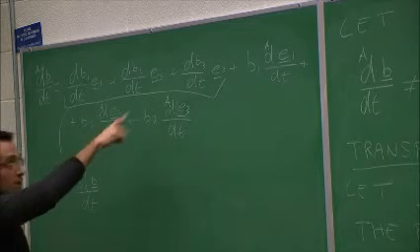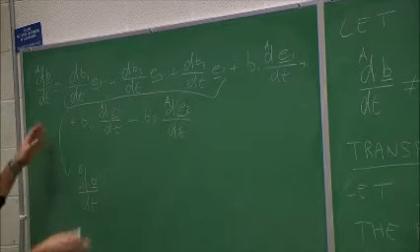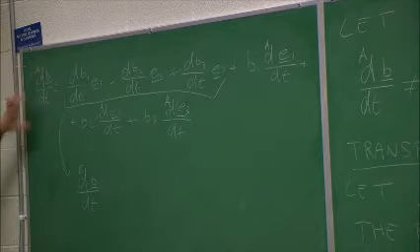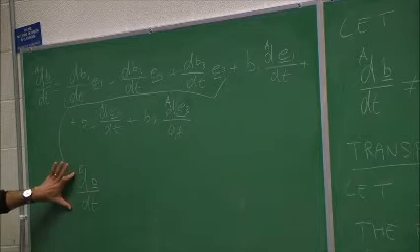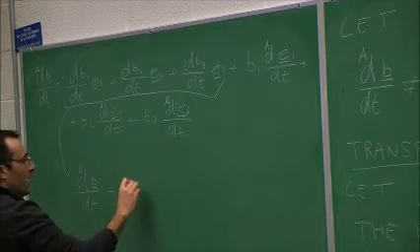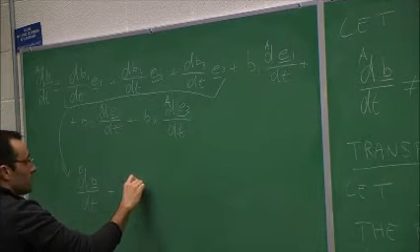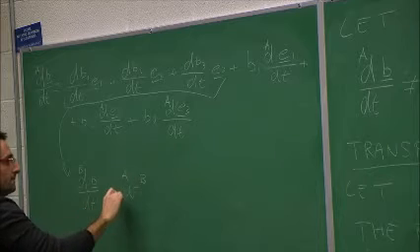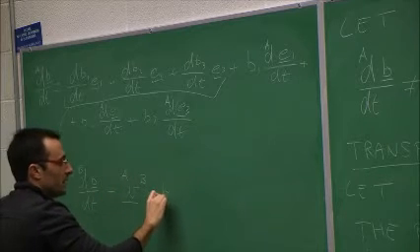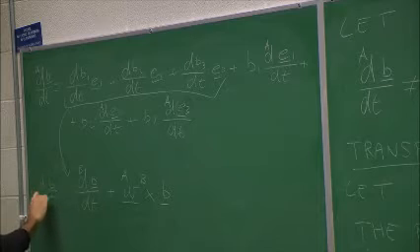The second part, which we're not going to demonstrate, is the difference, because this is what A sees, and this is what B sees as the rate of change. The rest is omega, the angular velocity of B with respect to A, crossed with b itself. So this is your transport theorem.